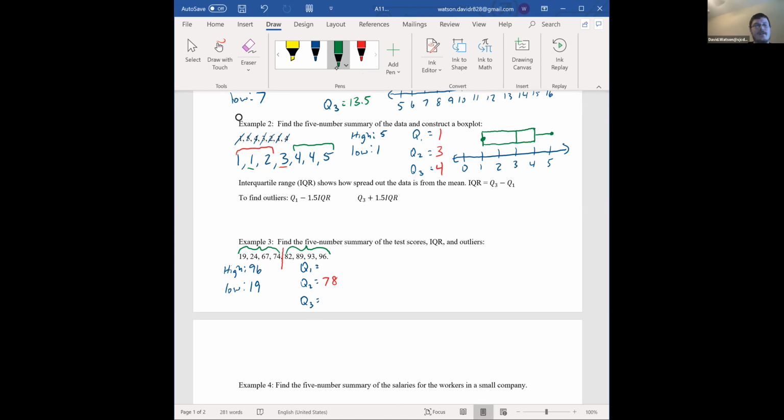All right, so for the lower side, the middle numbers are 24 and 67. If you add those up and divide by 2, you get 45.5.